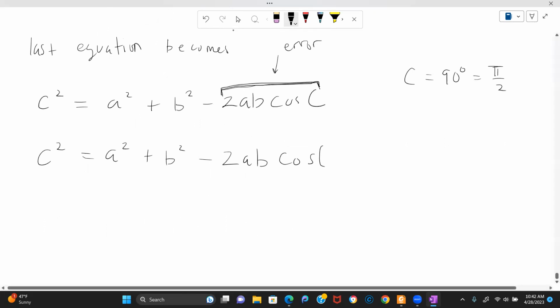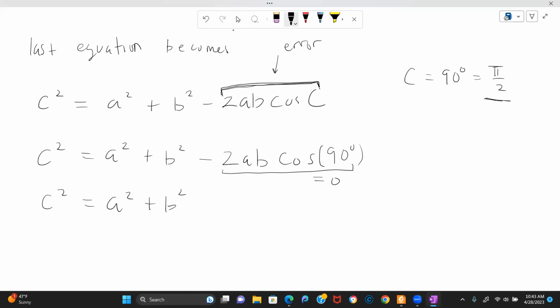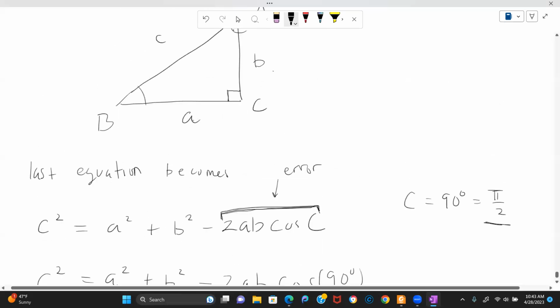But when your triangle is a right triangle, there is no error, so this error term completely cancels out and we get the Pythagorean theorem. That's exactly what happens, because cosine of 90 degrees, or cosine of pi over 2, is 0. So this whole thing is 0. When you have an honest to God right triangle, there is no error term, and the Pythagorean theorem holds. So this is a generalization of the Pythagorean theorem.